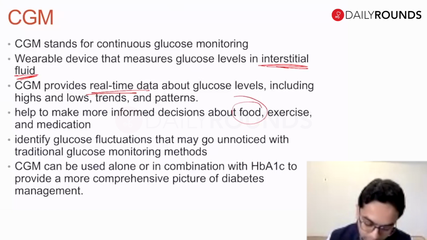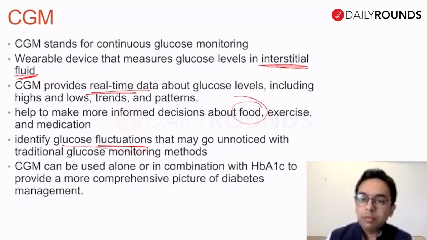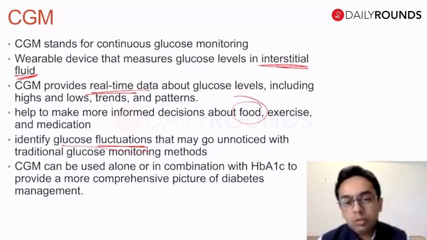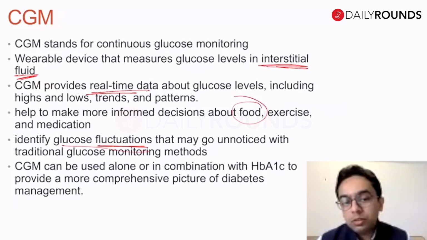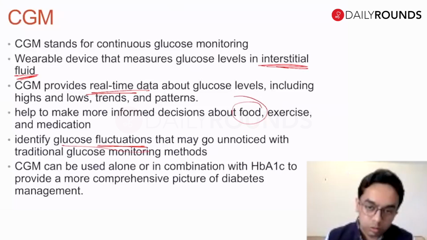Then it will help you to know the glucose fluctuation, that is glycemic variability, the highs and lows. And after seeing that graph, the patient also understands what is going on, and accordingly he is more receptive to the changes you suggest. He'll be following all those things more rigorously.